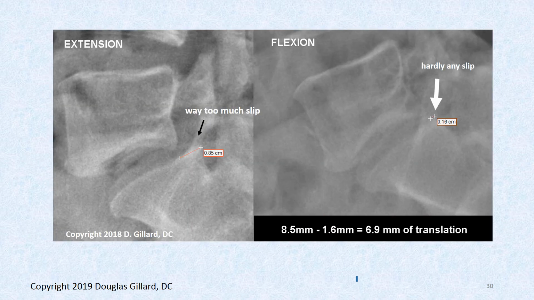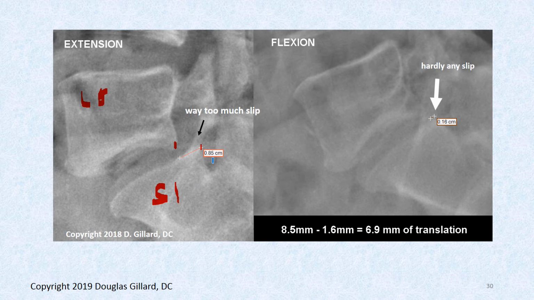And here's the actual patient's movements. So this is extension, and I twisted the x-rays around so we can compare apples to apples. I'm able to spin these in my software program. But when she goes backwards, the bone squirts way out. Right? Here's L5. And look how far the back of it is. It's way out here. It should be back here. Here's S1. See how it squirted?